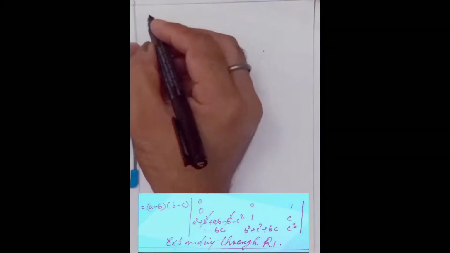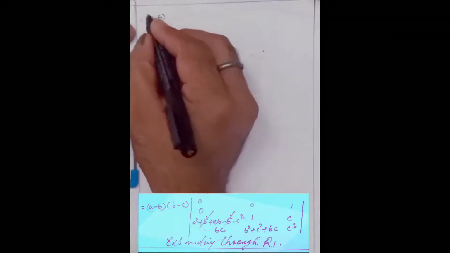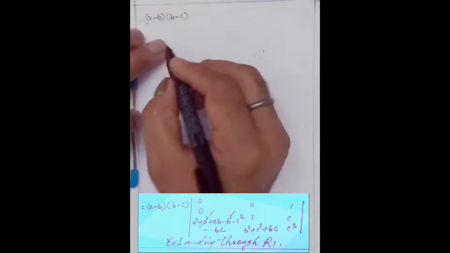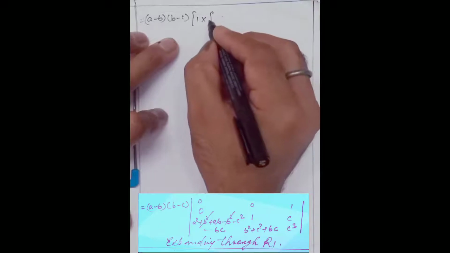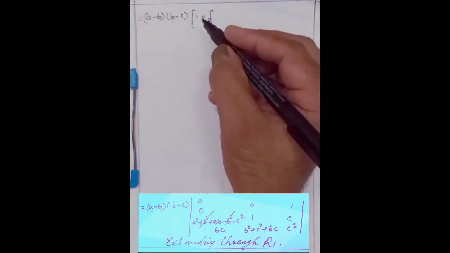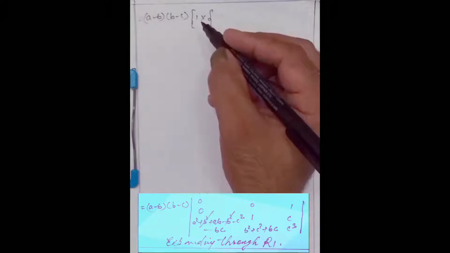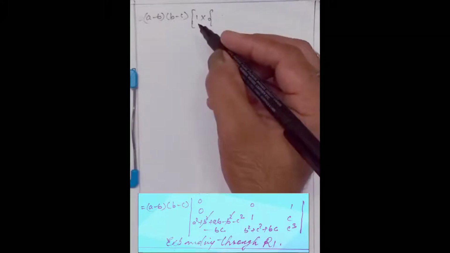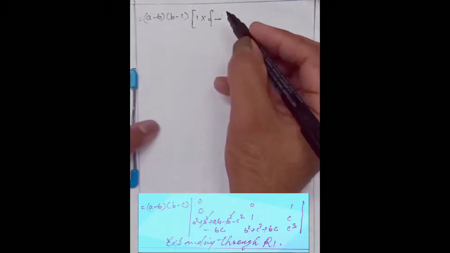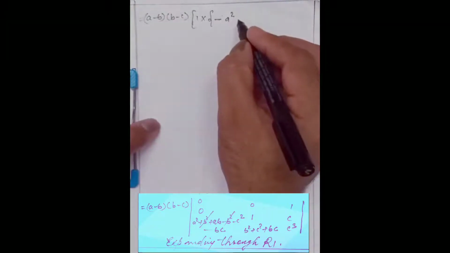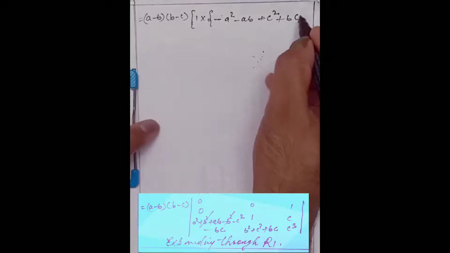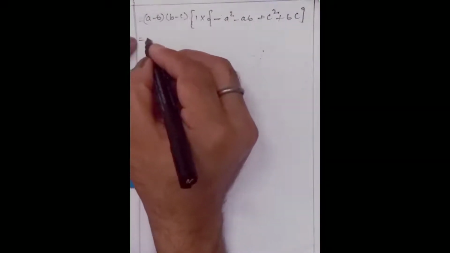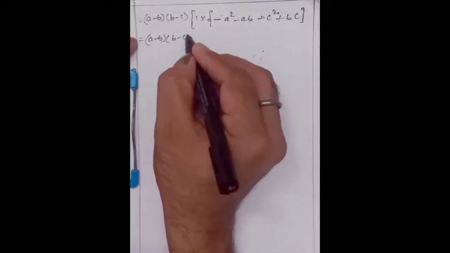The last element is 1 only, so in that case the outside two factors will remain the same, A minus B into B minus C, and inside we have 1 at the last column, so 1 will be written there, and then 1 will be multiplied with this B square plus C square plus BC into 0, so this will become 0, and then minus times this A square and then minus AB plus C square and then plus BC. So we write it and then I explain, A minus B and B minus C.